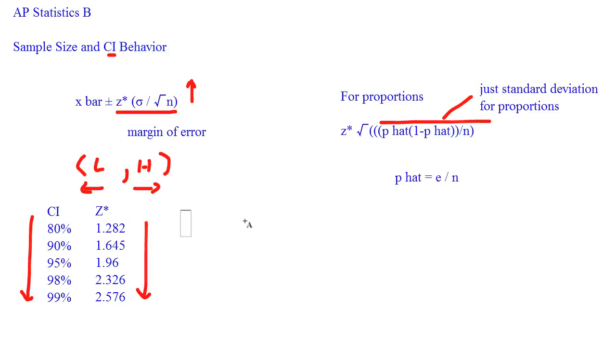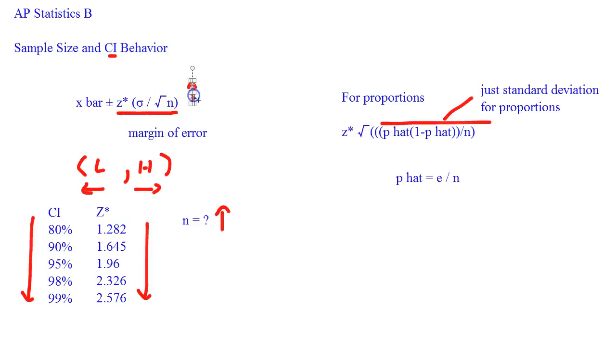All right, now what we haven't thought about is what happens when n changes. As n increases, that's the number of data points we have, our margin of error decreases, which is a very nice thing to work with, because we're getting closer and closer to normal distributions.